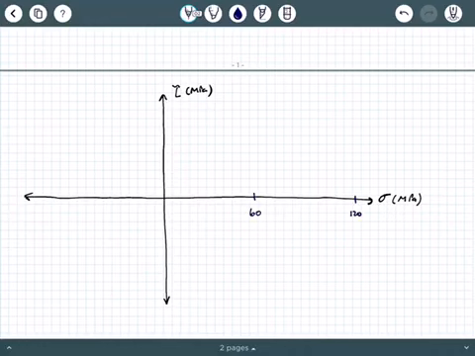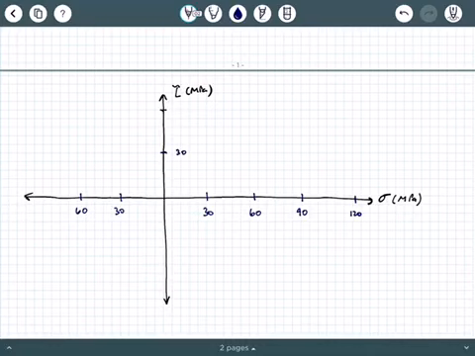So let's put in point A. Actually, before we put in point A, how about we scale this off to some reasonable values? That way, we'll hopefully be able to then more easily plot our points. So I'm going to do that first. I'm going to maybe put this over here as 120 megapascals. Halfway through would be 60, and then halfway between that would be 90, and then we've got 30 right here.